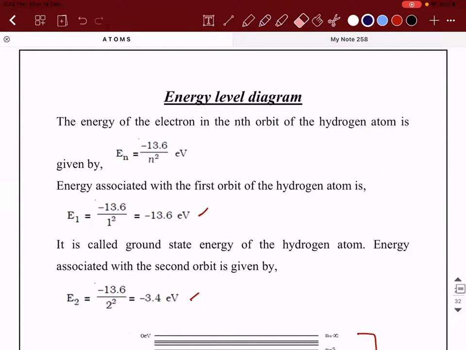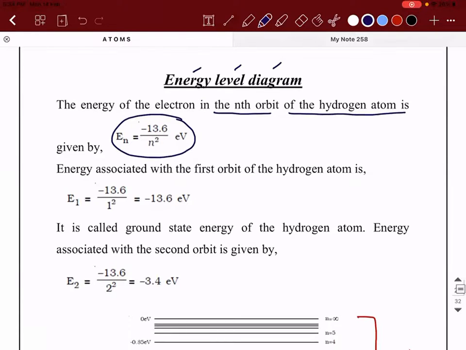Next, we need to understand the energy level diagram. As the name suggests, it is a diagram which represents the energy of each orbit. The energy of the electron in the nth orbit of the hydrogen atom is taken as minus 13.6 divided by n square electron volt.